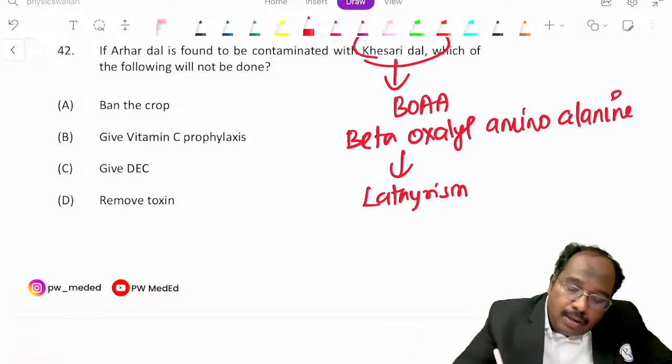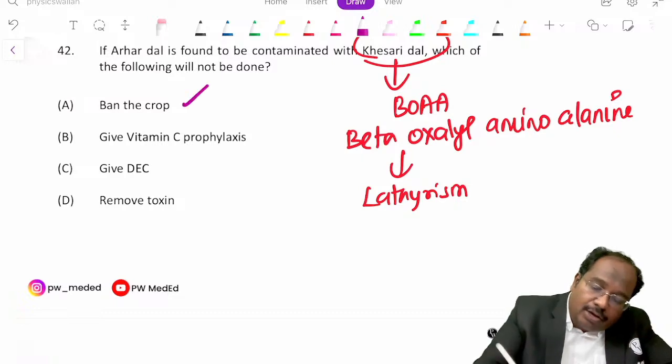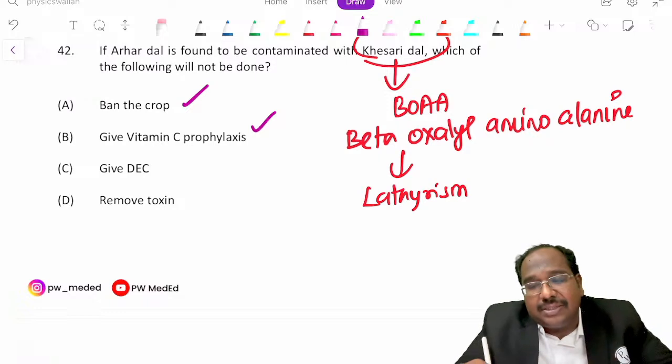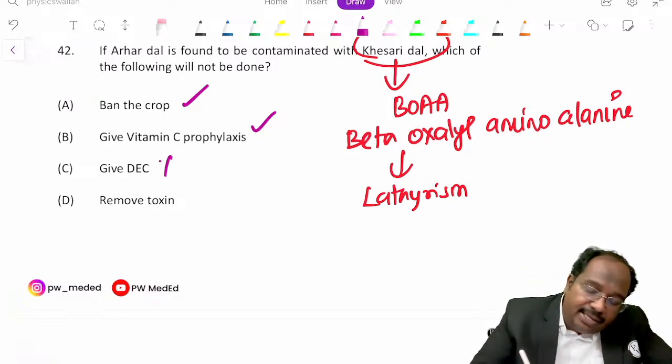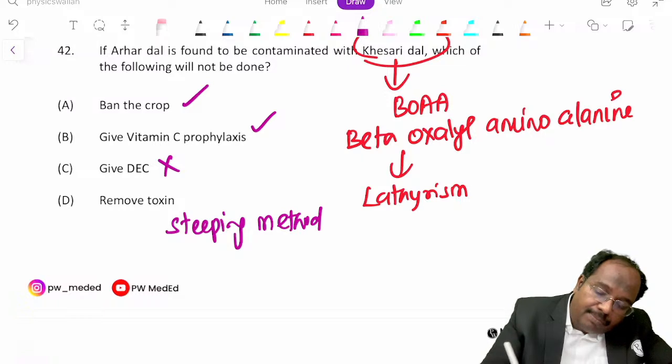Now, what can be done? Banning the crop is right. You can give vitamin C prophylaxis. Giving DEC is wrong. Removal of toxin can be done by the steeping method and parboiling.